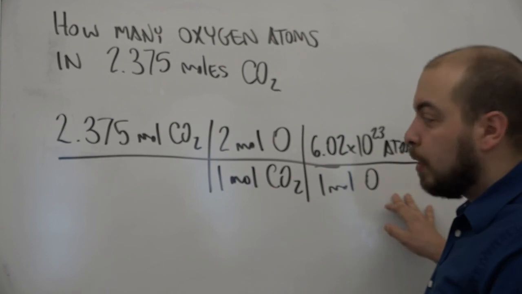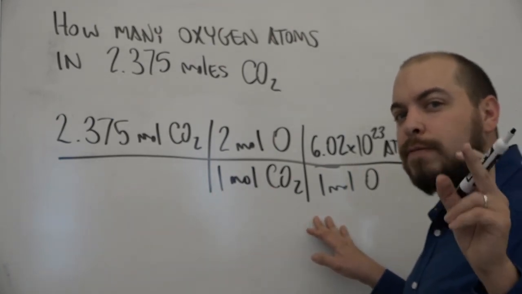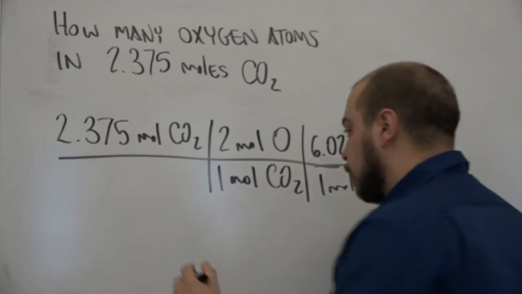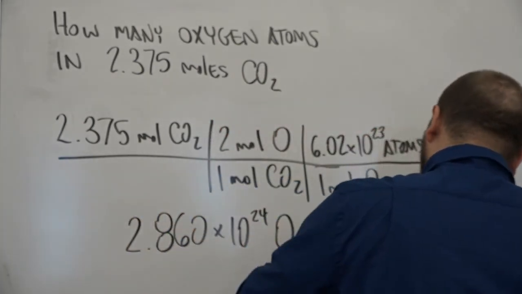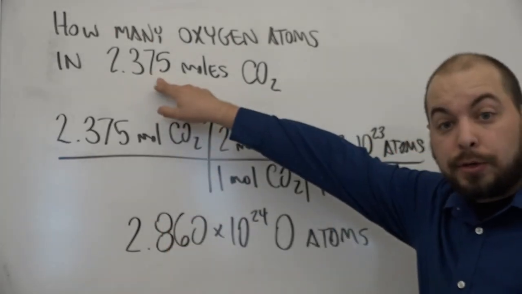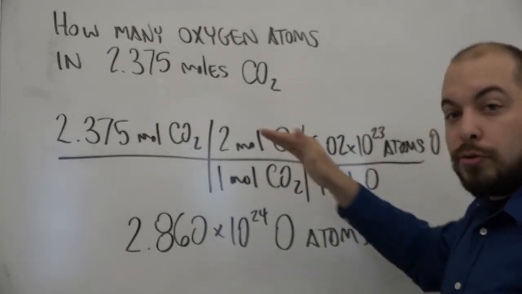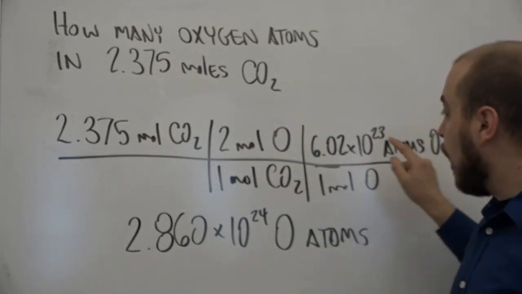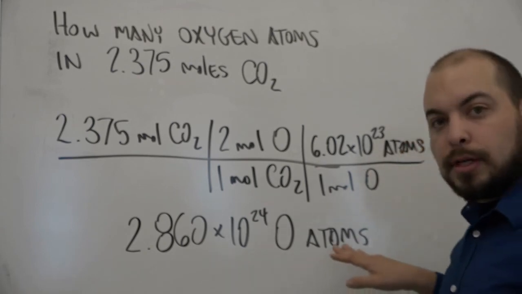What we have is an answer of 2.86 times 10 to the 24th oxygen atoms. So 4 sig figs in our answer because there are 4 sig figs in our original problem. You make sure as you go through that all of our units cancel effectively and give us the unit that we want to finish the problem with, which is atoms of oxygen.